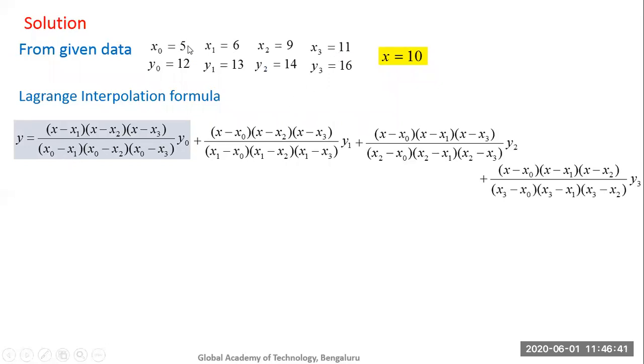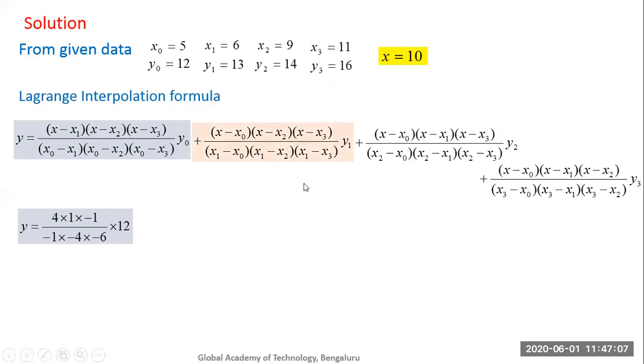Denominator is x0 minus the remaining: 5 minus 6, 5 minus 9, 5 minus 11, multiplied by the corresponding y0, that is 12. So we get 10 minus 6 is 4, 10 minus 9 is 1, 10 minus 11 is minus 1. Then 5 minus 6 is minus 1, 5 minus 9 is minus 4, 5 minus 11 is minus 6, multiplied by y0, that is 12.